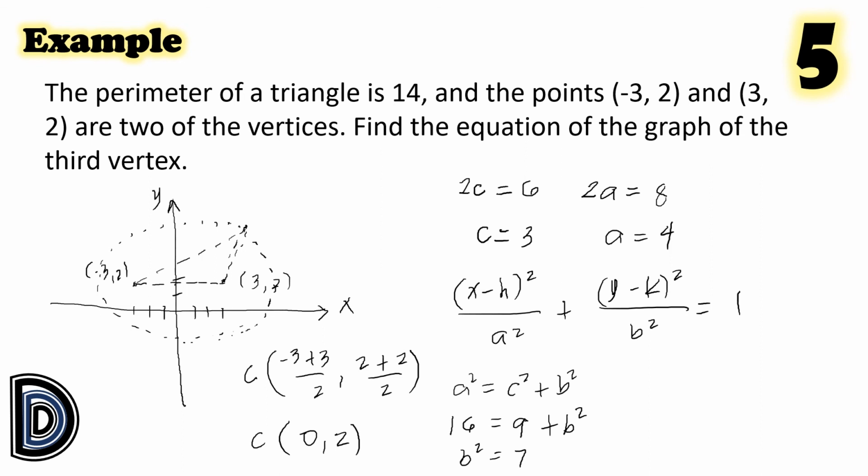Now we already have the value for a squared, b squared, and the center. Therefore, the equation of the graph of the third vertex is x squared over 16, that is 4 squared, plus y minus 2 squared over 7, that is b squared, equals 1.